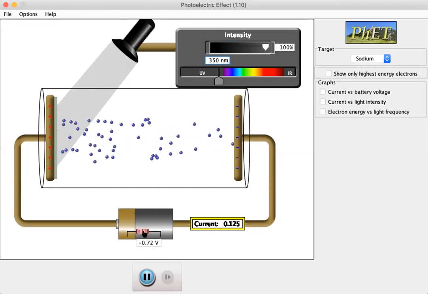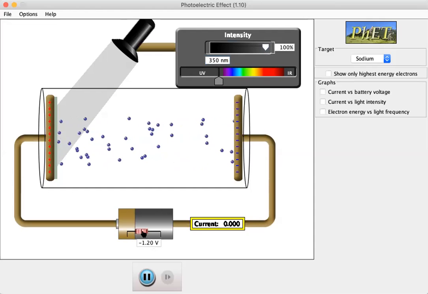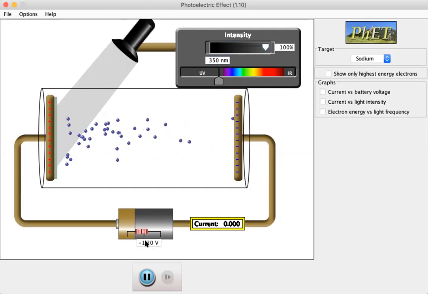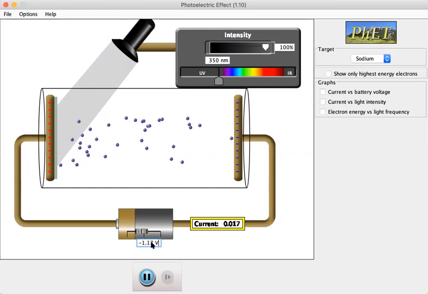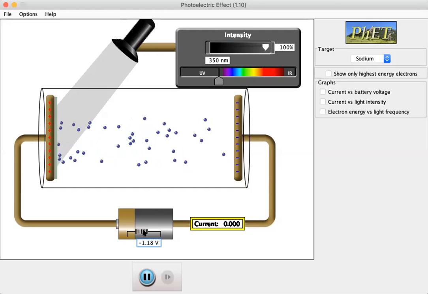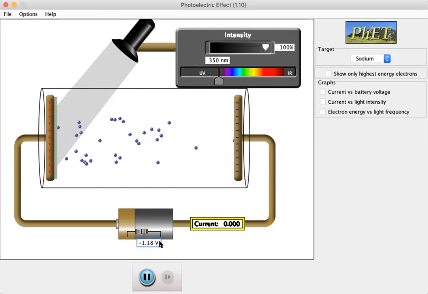To stop it, we need to increase the voltage. Okay, so we are at minus 1.20 volts now. In fact, if I go 1.17, we get a current. Minus 1.18, we get no current. So this is the exact value of stopping voltage at a wavelength of 350 nanometers. And again, I take note of this.